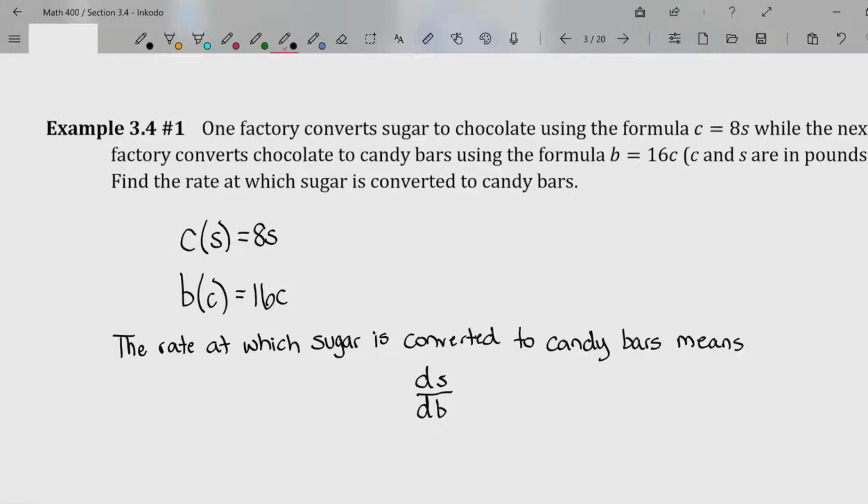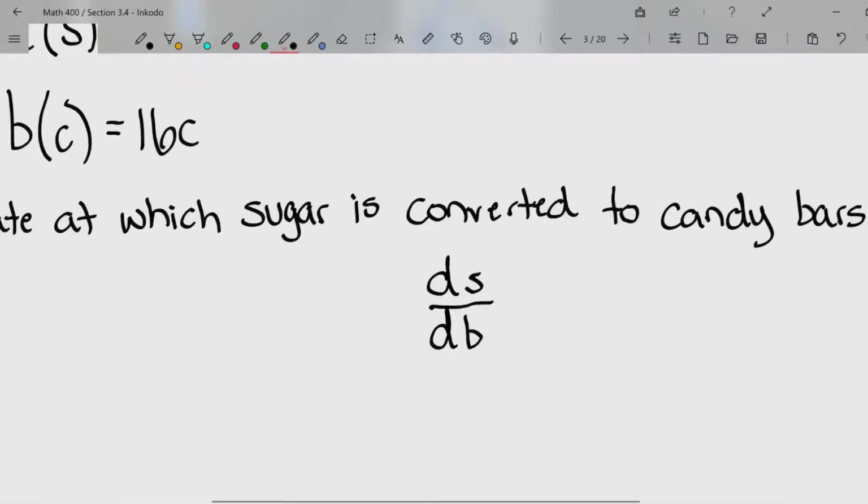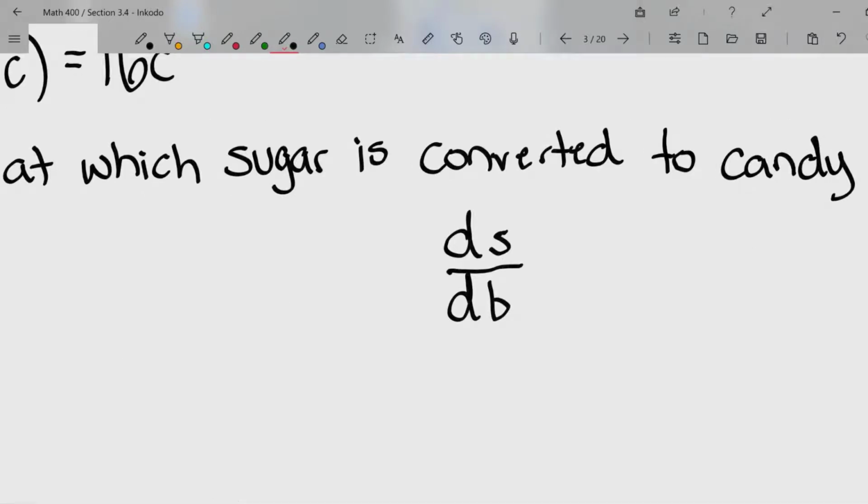By the way, I think it's pretty legitimate for somebody to say, shouldn't it be the rate at which candy bars are converted from sugar? And I would say, yeah, that's pretty legitimate to argue that way too. They actually are the same argument, but let's just focus it this way.